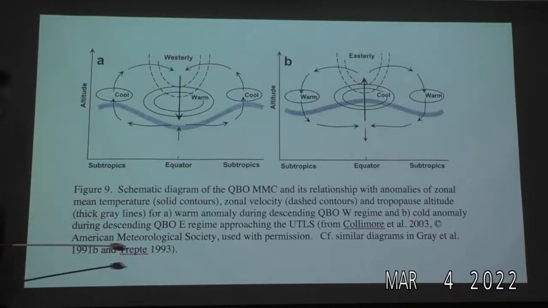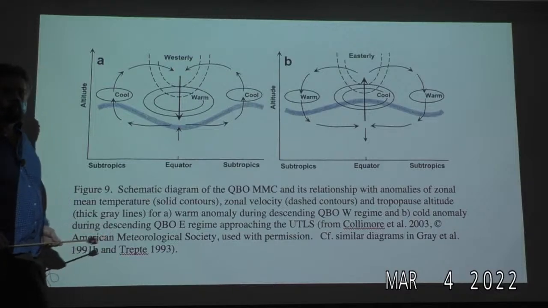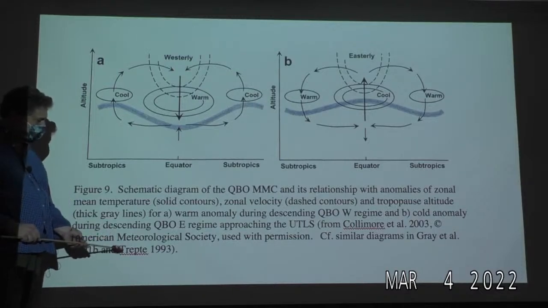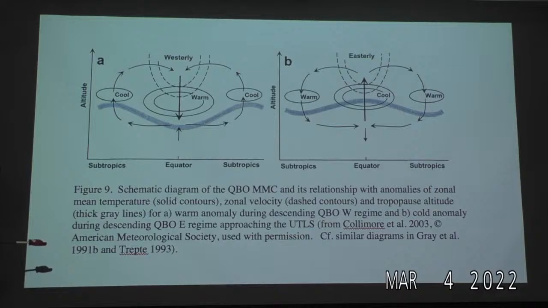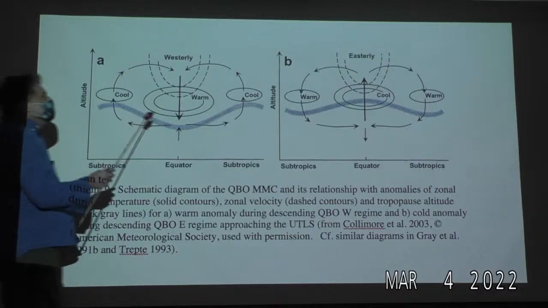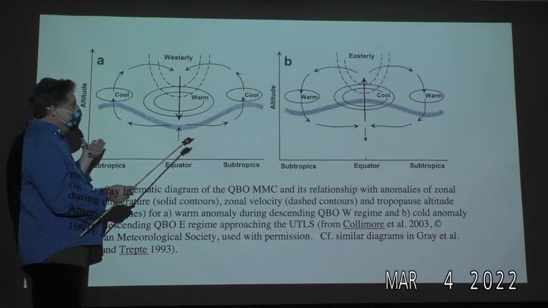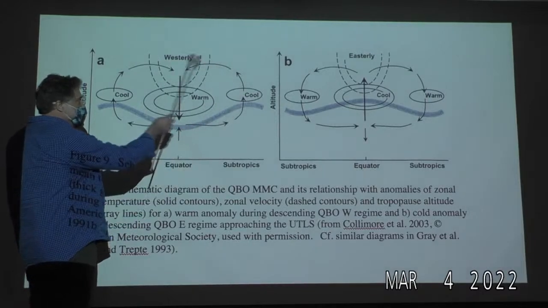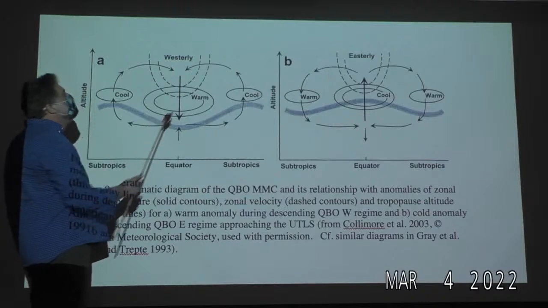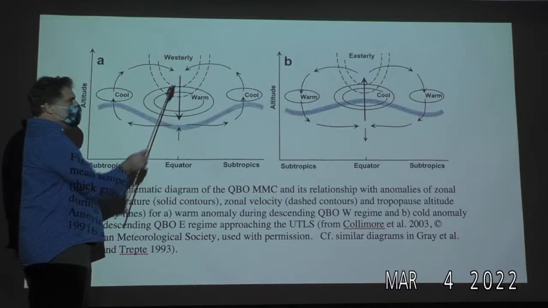But first, I should point out this important meridional circulation associated with the QBO. Chip Trepte, who came here to get a PhD with me in the early 90s, pointed this out to me: although we don't have quantitative evidence of exactly what these meridional and vertical circulations are, we know there has to be subsidence below a QBO westerly anomaly.